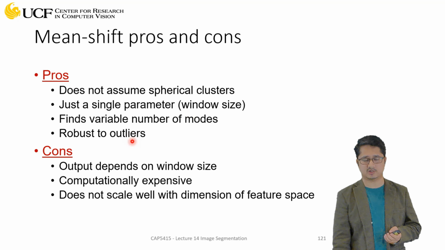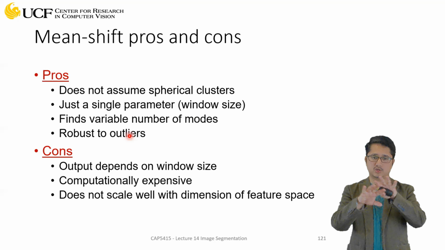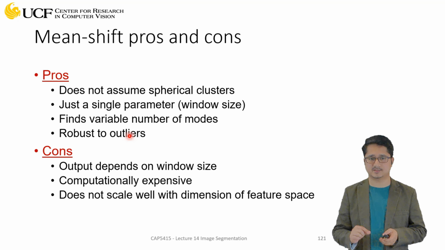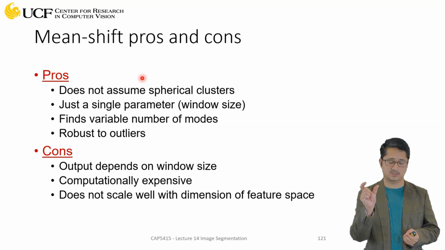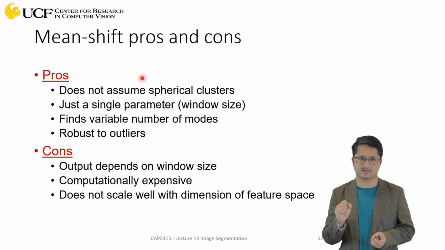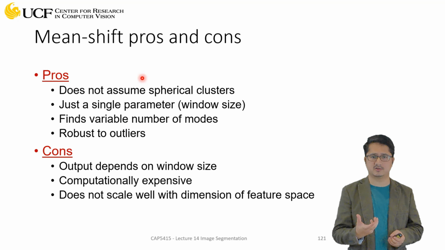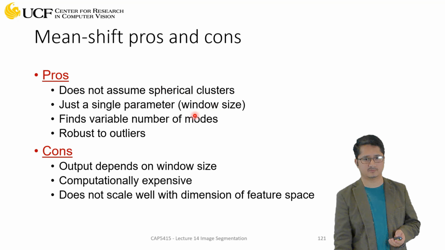And it's very robust to outliers, because we are computing the mean over a larger area, so even if we have some outlier pixels, they will be easily filtered out. And we only need one parameter, which is the window size, meaning what your search size should be, which is reasonable because you know how big your segments should be. Depending upon that, you can easily set the window size.